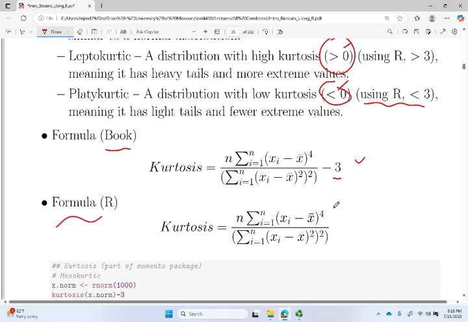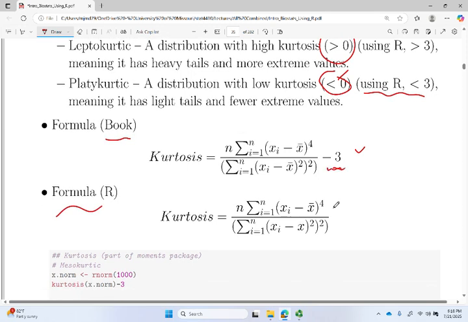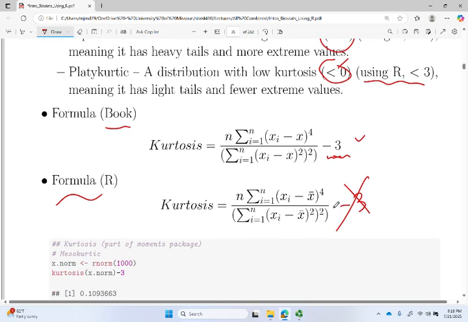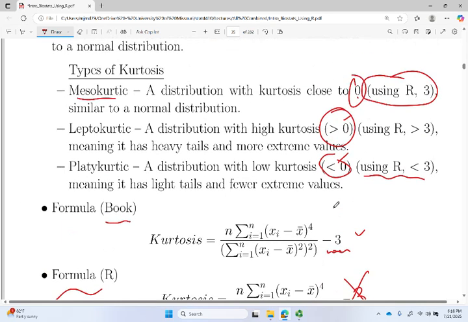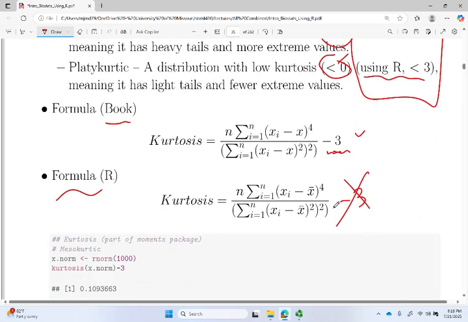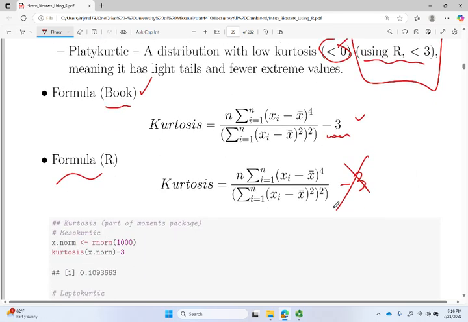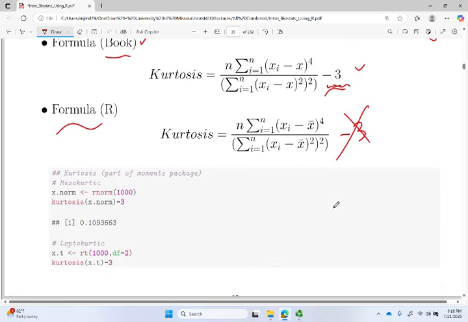Now, the formula in R does not subtract this 3. So it's all relative to 3, and that's what these describe here. So to follow what most books use, which is this minus 3, let's do an example.